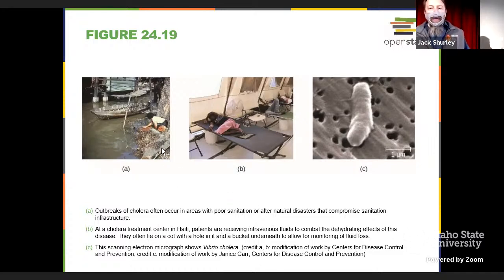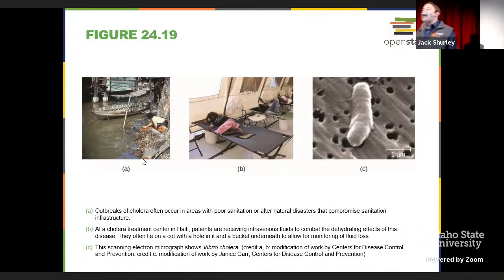Any situations where you're imbibing in this, and really the infectious dose for cholera is quite large. You need massive amounts of bacteria to be consumed in order for infection to result. But the potential for that is tremendous in these situations.